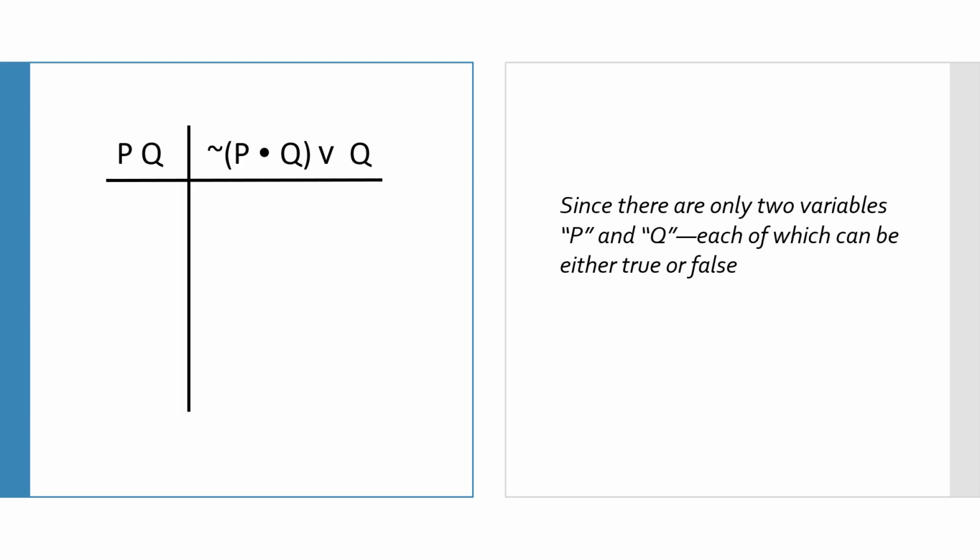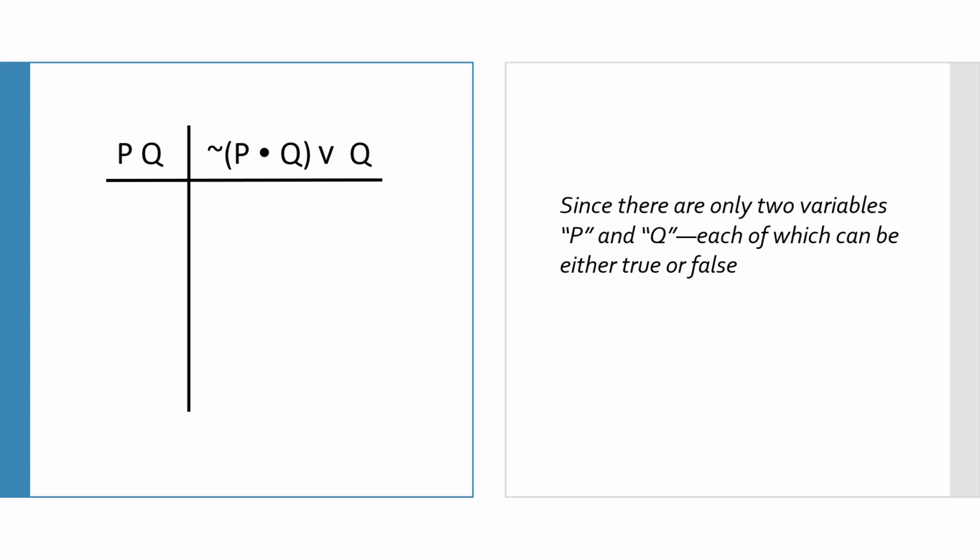The first thing you want to do is set up lines like you see here drawn. You want to draw a line underneath the complex statement given to you in symbolic form, and then list on the other side of this line every simple proposition. In this case, there are only two, so I want P and Q listed off to the side as a way of recognizing how many different things I'm going to need to know.